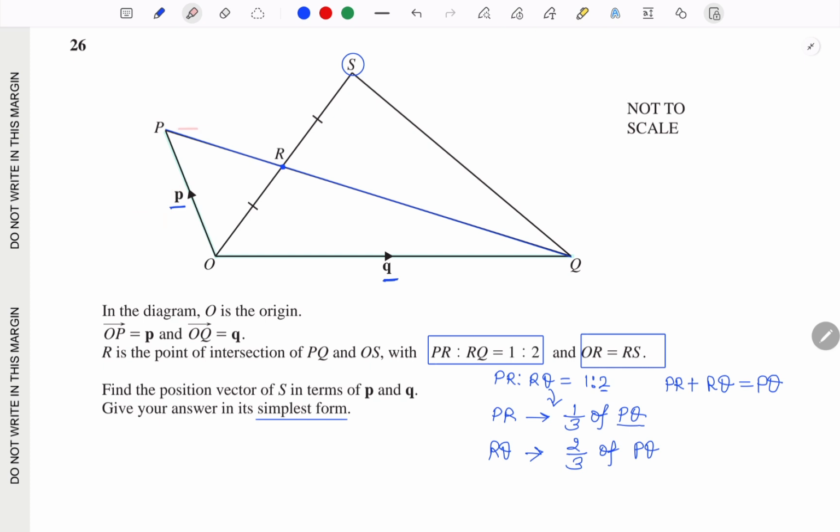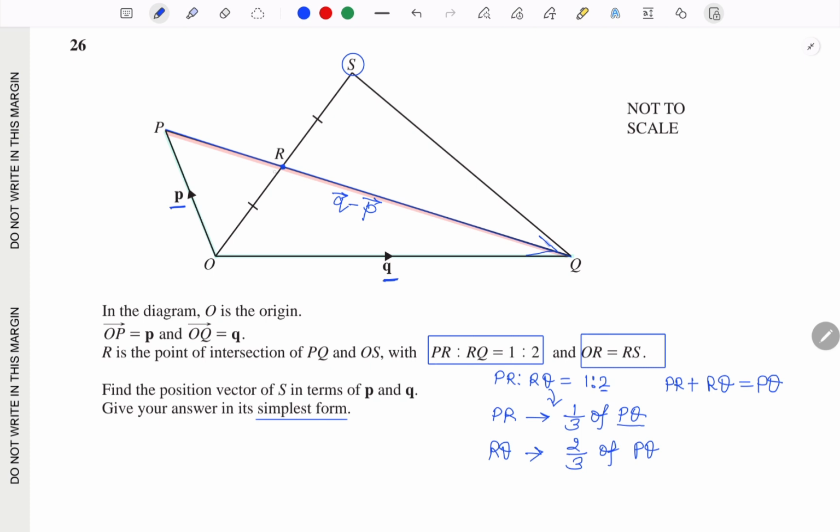Now, let's try to realize this vector PQ. This is nothing but Q vector minus P vector. Because from the triangle law of addition of vectors, if I had written QP vector, it could be P vector minus Q vector, but since I have reversed the direction, it will be Q vector minus P vector.